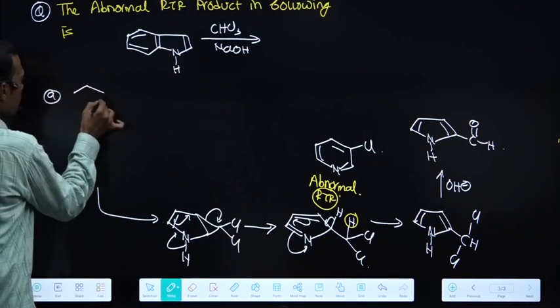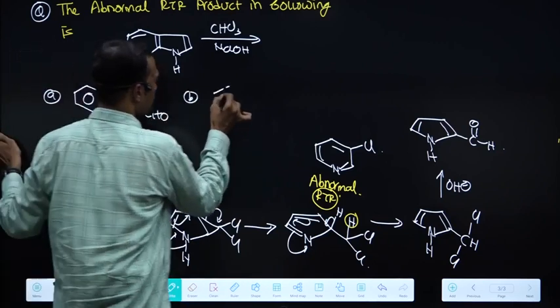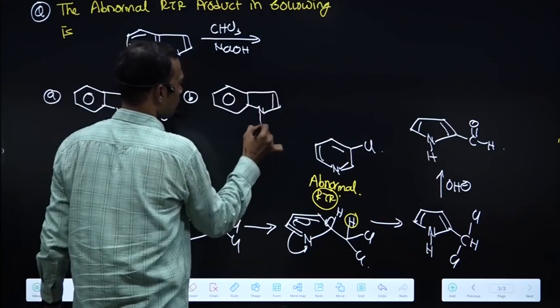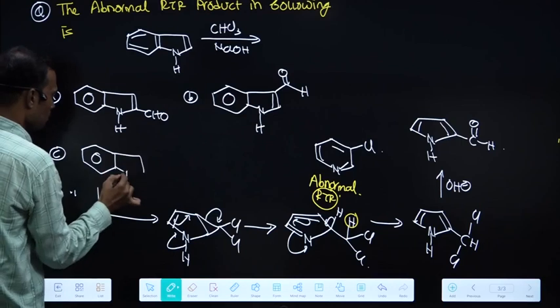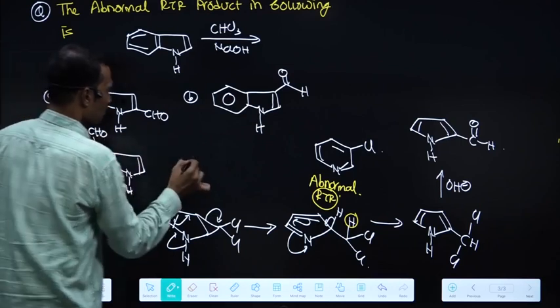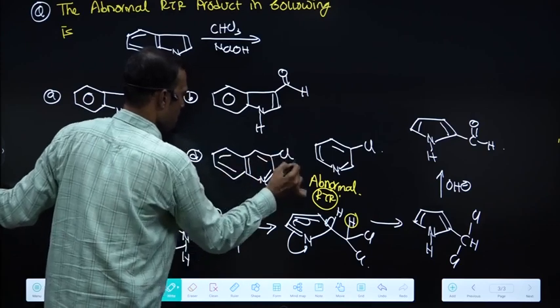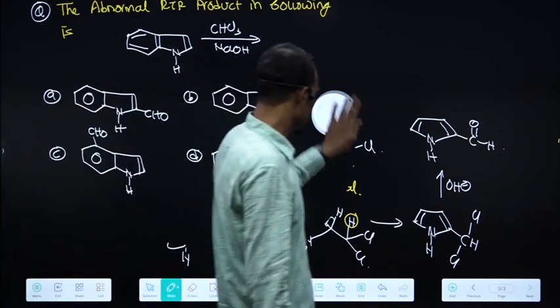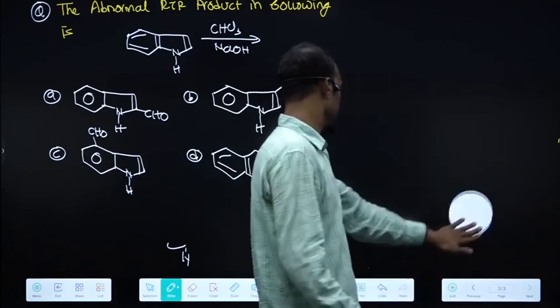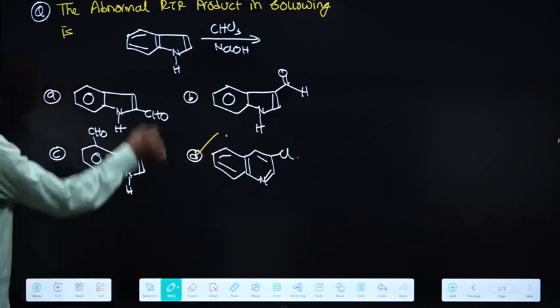Option A. B. Which is abnormal RTR? Answer is D. If they mention abnormal, then only you write this one.